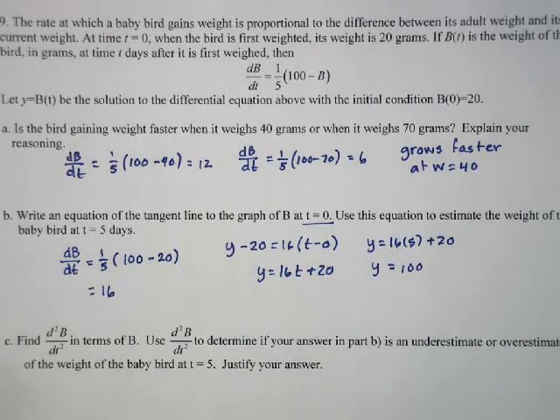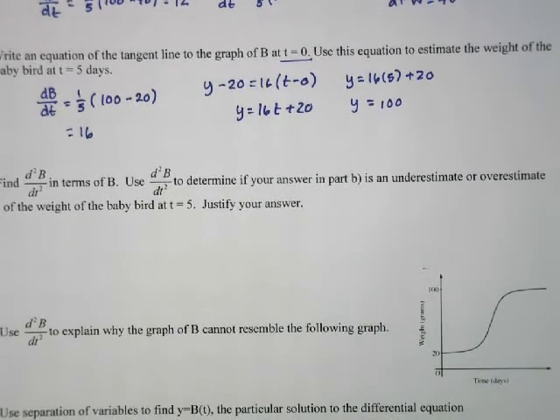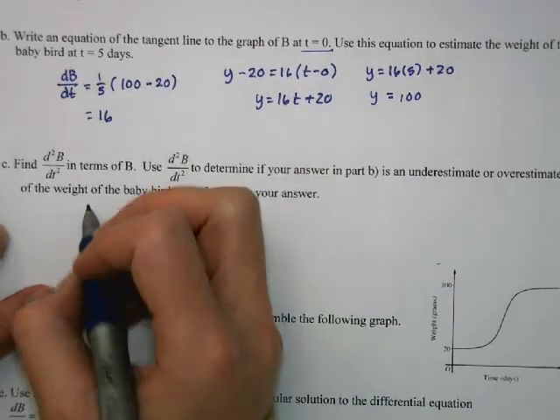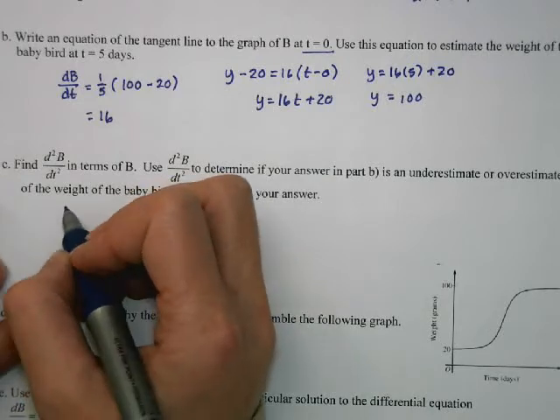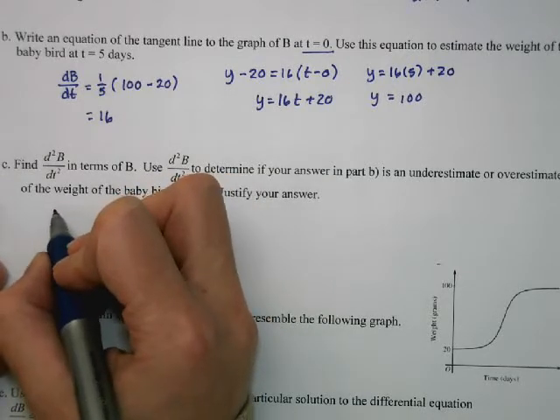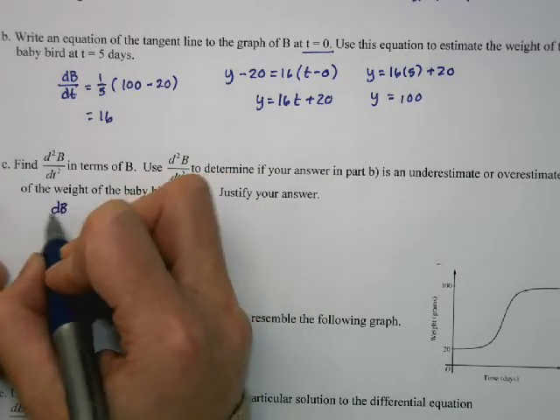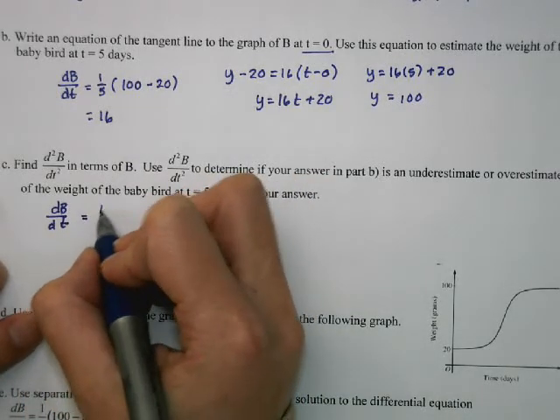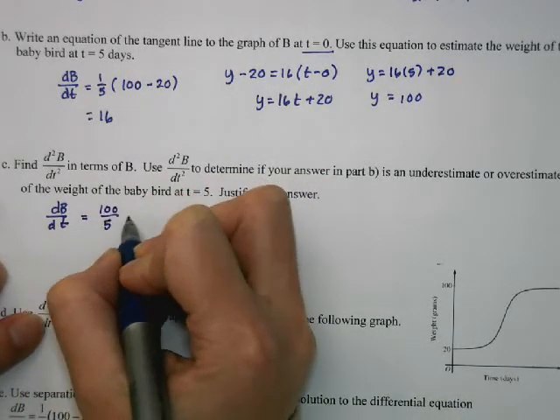Okay, now we're going to take the second derivative. Okay, so when we take the second derivative, this is really going to be 100 over 5 minus 1/5 b.